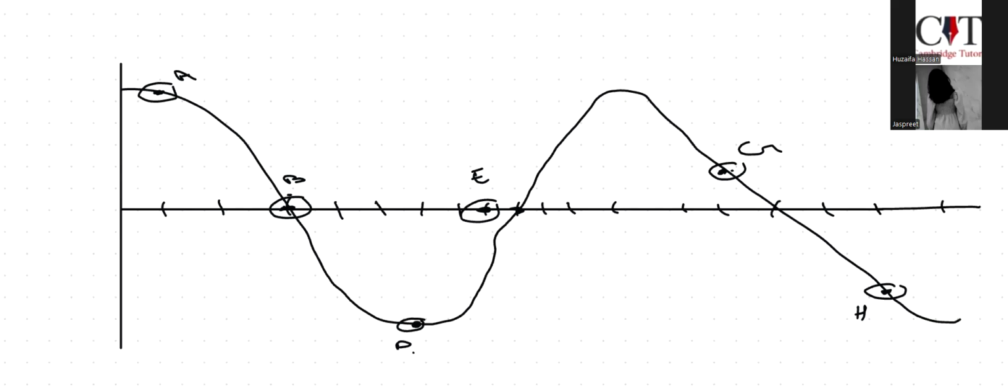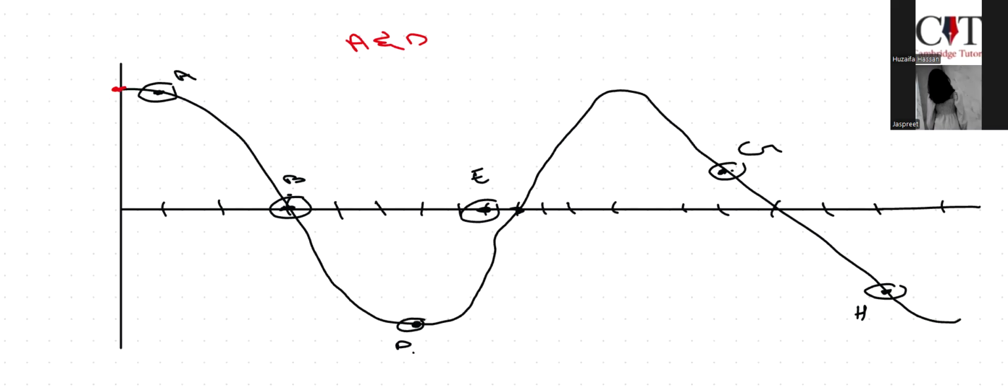But point A is neither on the crest nor on the trough, because the crest is here. This is the starting point, not point A. So point A is in the middle of it.